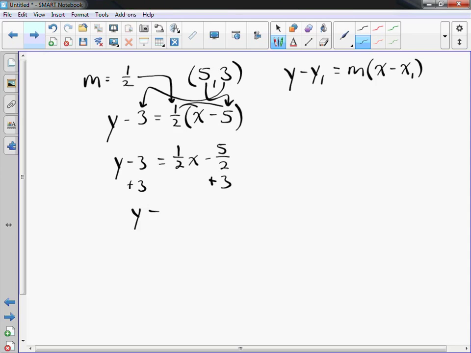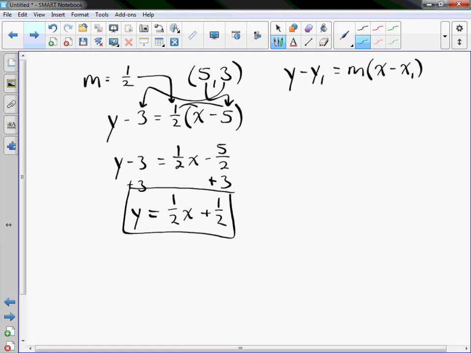So y equals 1/2 x, and then -5/2, which is the same as -2.5. So if you're at -2.5 and you add 3 to it, you're now at +1/2. And if you notice, we ended up with the same thing in a couple less steps. We didn't have to back substitute. So point-slope form makes things pretty nice when you're given a point and the slope.